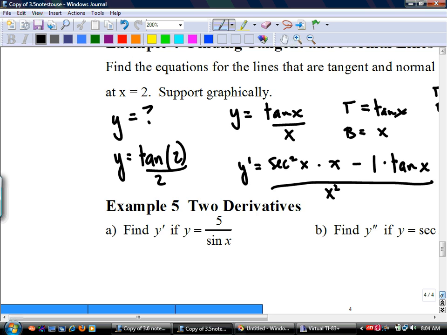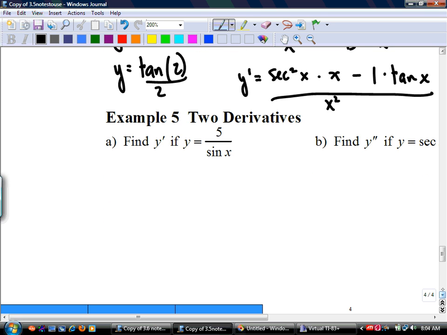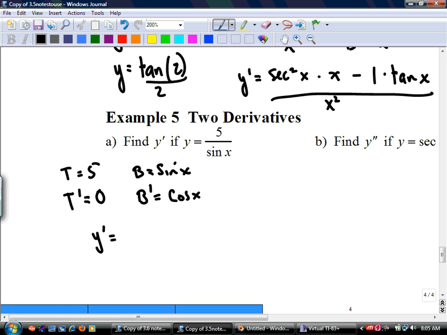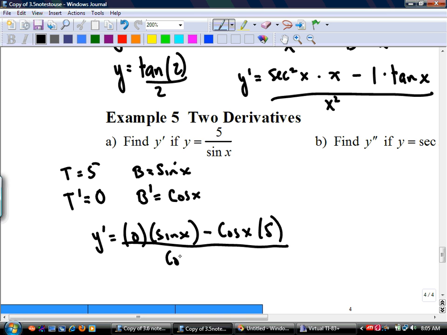Okay. Find y prime. t is 5, t prime is 0, b equals sine x, b prime equals cos x. So y prime equals derivative of the top times the bottom minus the derivative of the bottom times the top, all over the bottom squared.